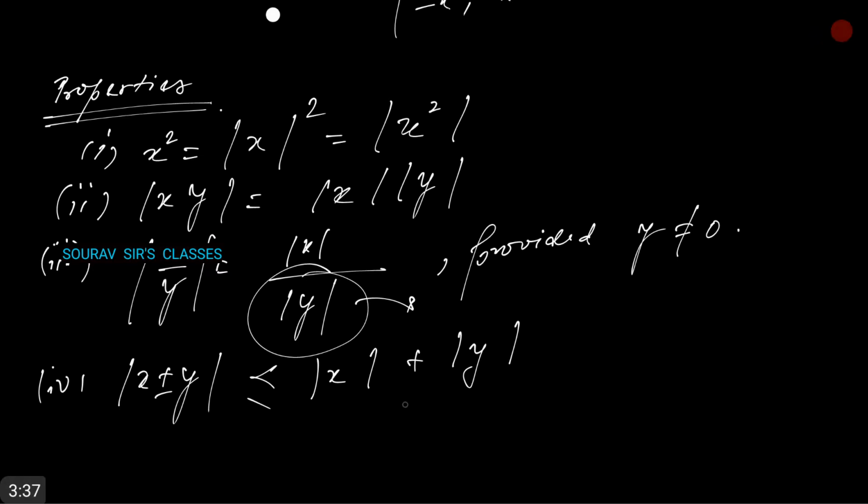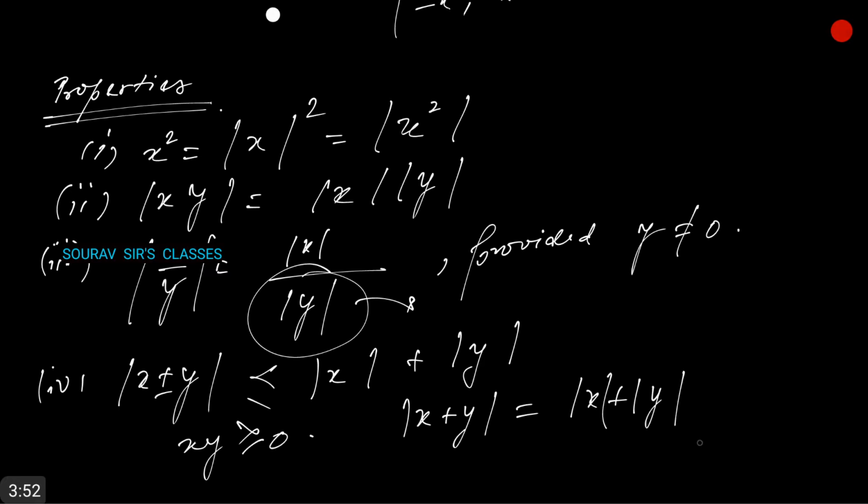Now when xy is greater than or equal to 0, then modulus of x plus y is equal to modulus of x plus modulus of y. This is the equality condition.